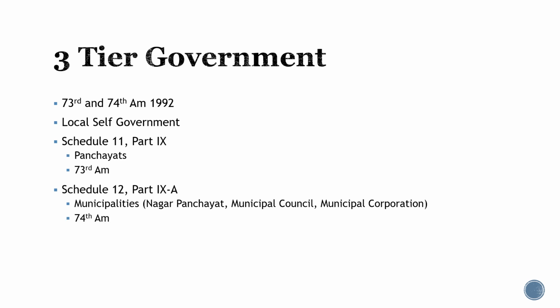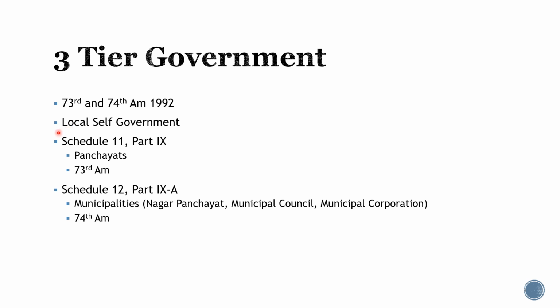So to implement the vision of Mahatma Gandhi, the 73rd and 74th Amendment Acts were done in 1992, and these acts allowed for the local self government bodies, those being panchayats for villages and municipalities for cities.